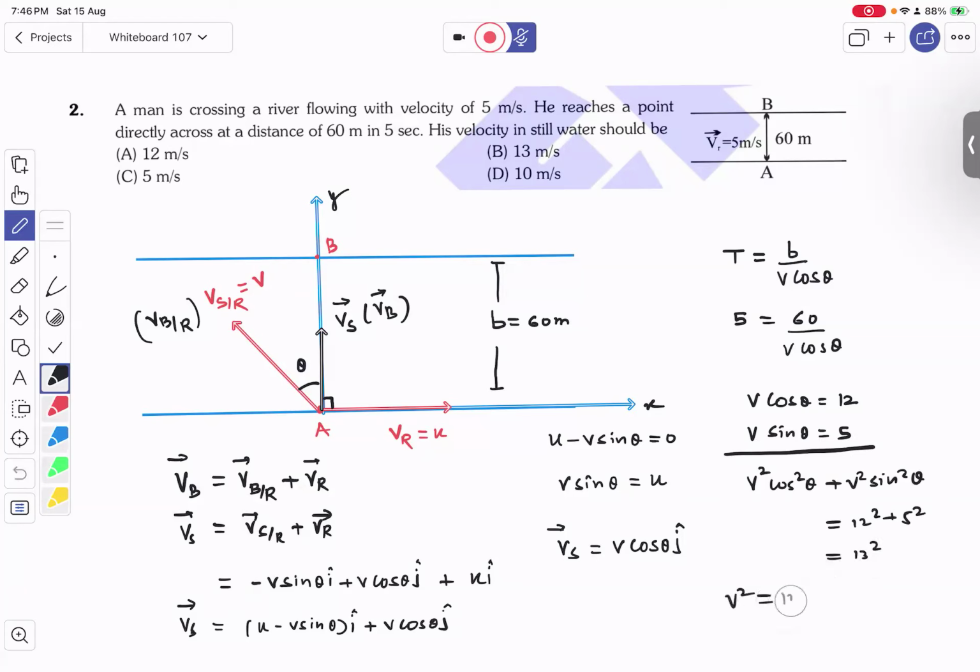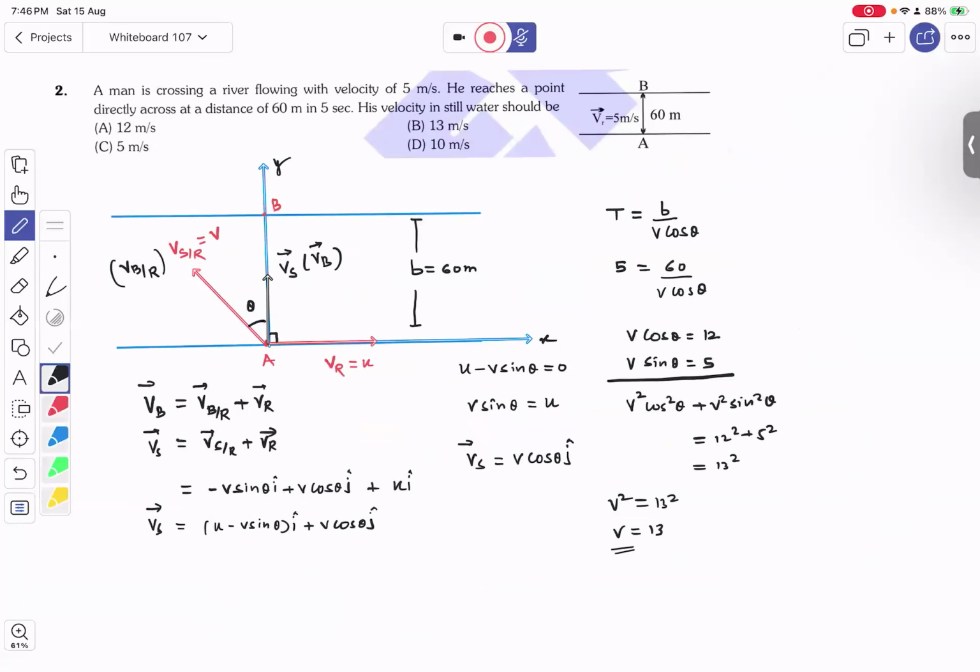So v square is equal to 13 square, so v is equal to 13. Clear, no? Or in this case, we have derived the result also that sine theta is equal to u by v, then what will be the cos theta from this? You can totally find out. It's going to be square root of v square minus u square by how much?